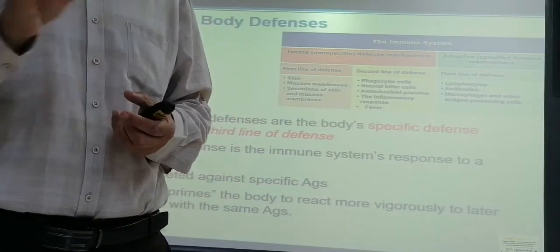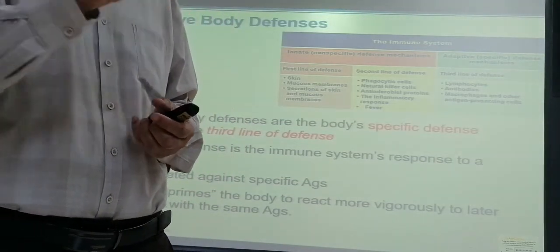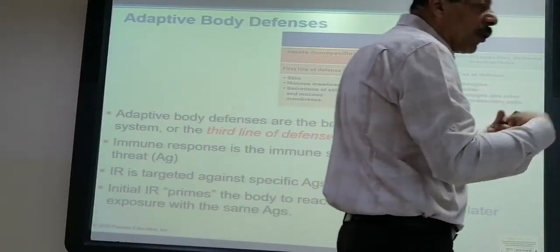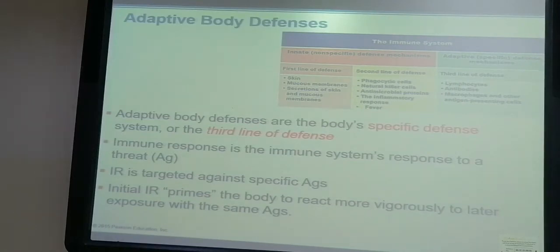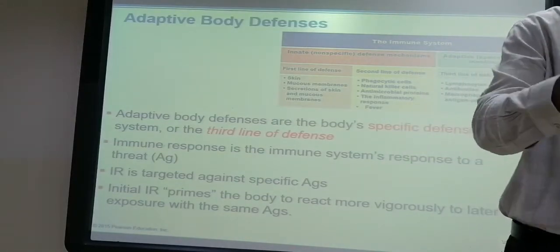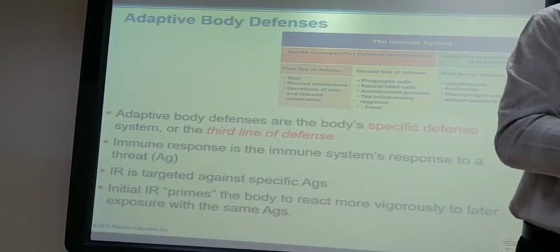For the first time, it will identify the microorganism or the antigen as a foreign material. It will start to produce antibodies for them. This will take a longer time because it is new for them. So it needs recognition, and it needs to start to build up new antibodies for them.